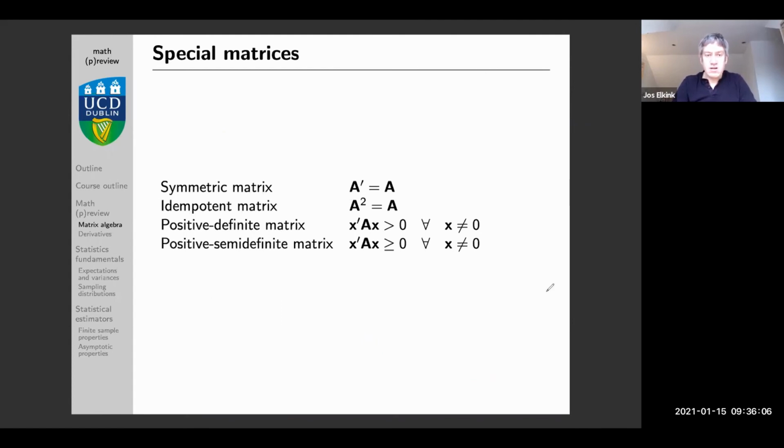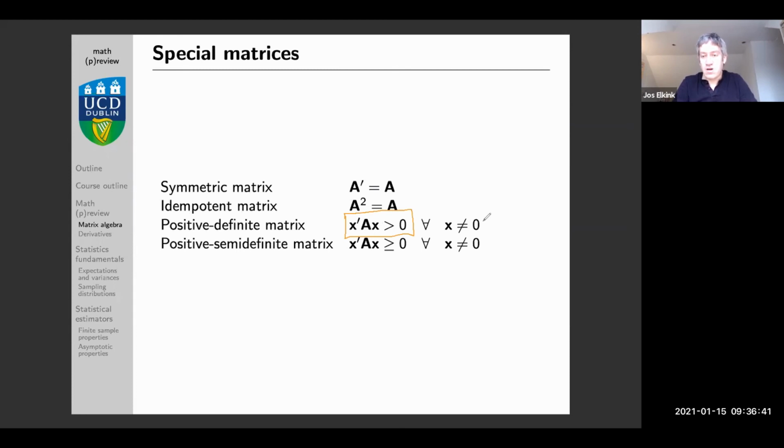The next two are a little bit more complicated, and you would have to think a bit longer about what that means. It's hard to get your head around, but it does appear a lot in econometrics, which is the positive definite and the positive semi-definite matrix. And I just want you to take this as a given and just sort of memorize it. So if we have a vector x that is not just zeros, because if you multiply something with 0, then you get 0, and then it doesn't really matter what is in that number originally.